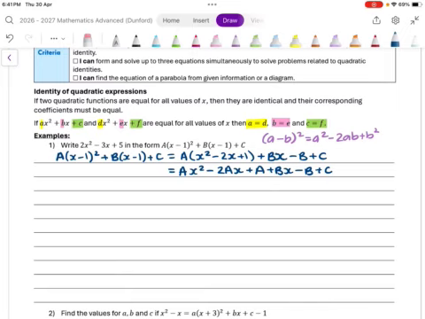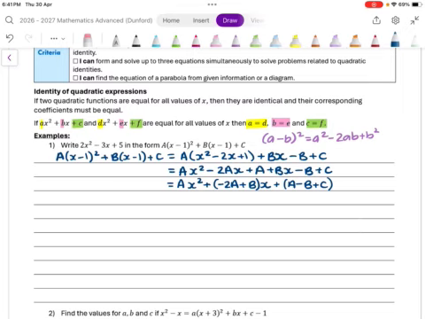So what I mean by that is I'm going to write my ax squared first, and then I'm going to collect all my terms that just have coefficients of x. So I'm going to have plus my minus 2a plus b lots of x. Okay, so collecting all my x terms together, and then I'm going to collect all my constants together, which is my a minus b plus c.